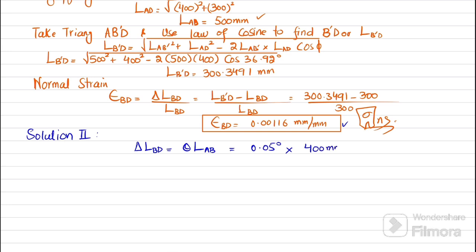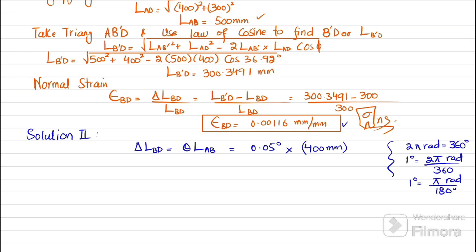Now we know that 2 pi radian is equal to 360 degree. So 1 degree is equal to 2 pi radian over 360 degree. Okay, so we can write 1 degree is equal to pi over 180 radian.